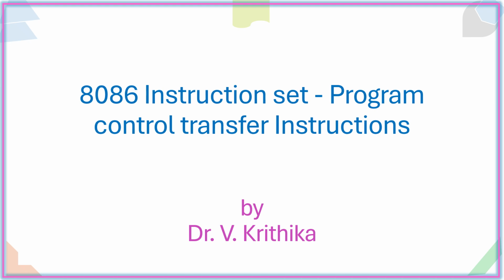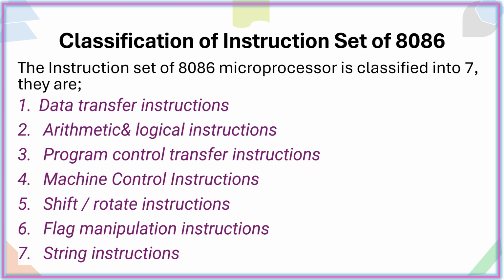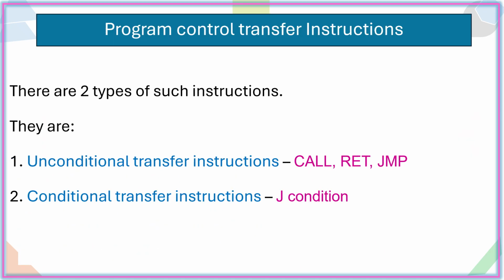Hi all. Now we are going to see the program control transfer instructions in the 8086 instruction set. There are two types of such instructions, which fall under conditional and unconditional transfer instructions.